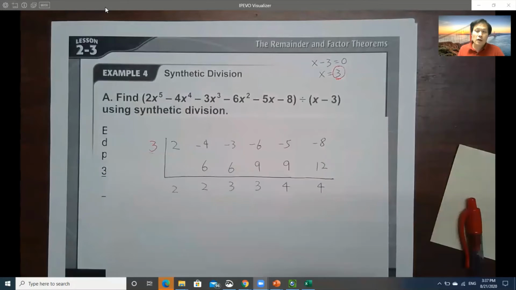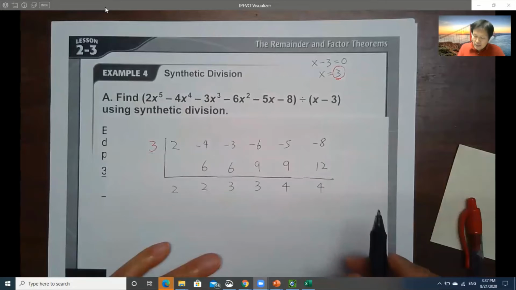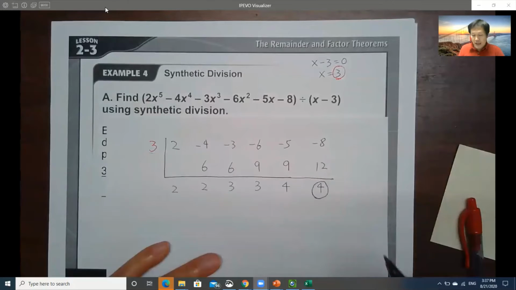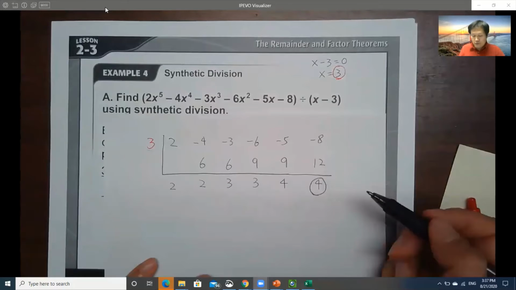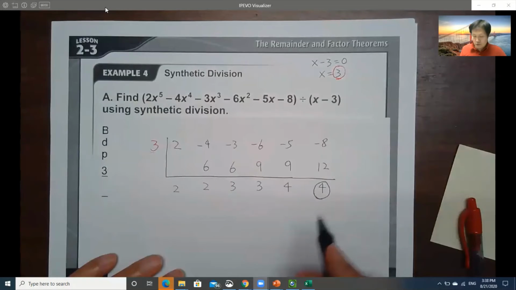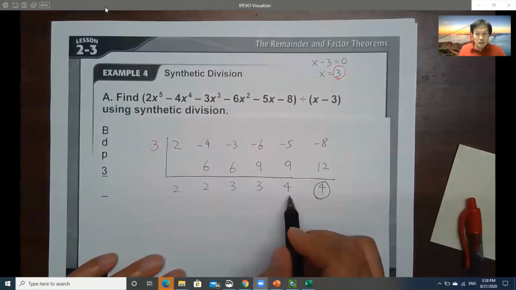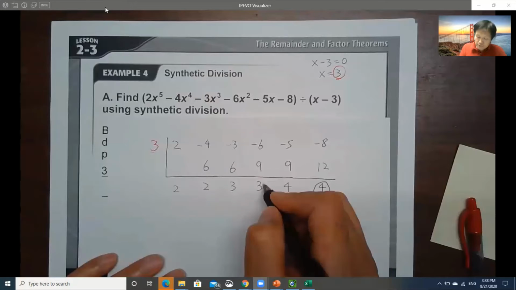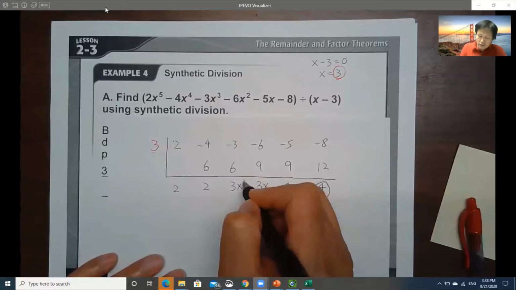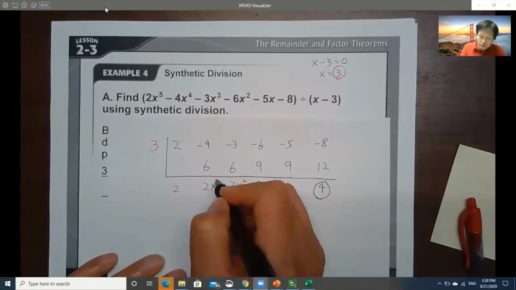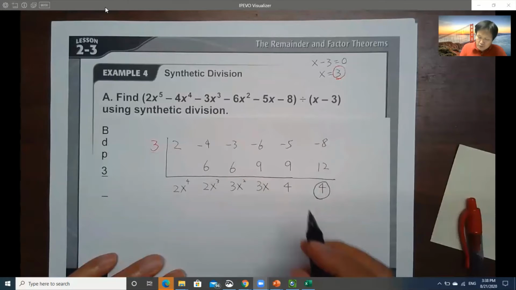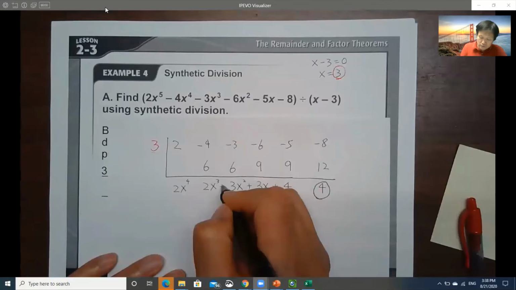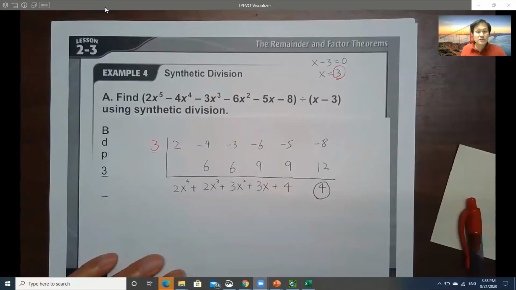Then you might say, okay, what do I do with all those numbers? The last number is the remainder. Leave it alone. For the leftover numbers, you put the x there: x squared, x to the third, x to the fourth, and just put a plus between. So that's the answer.